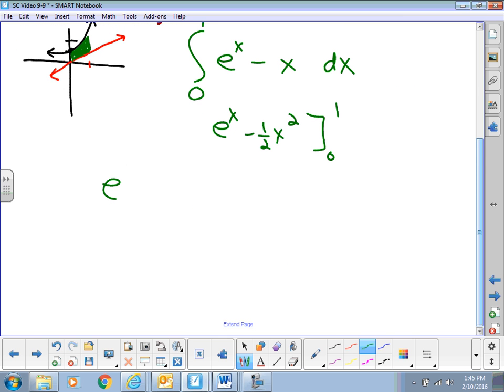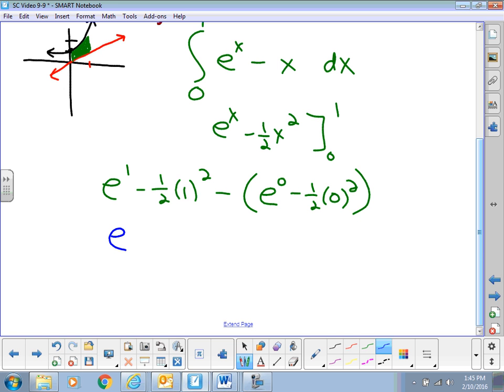So we'll have e to the first minus 1/2 times 1 squared, minus, start a parenthesis, e to the 0 minus 1/2 times 0 squared. Now this is a case where you've got to be careful and not just discount all the spots where we plugged in 0, because e to the 0 is actually going to come back as 1. So this will give us e minus 1/2 minus 1 minus 0.